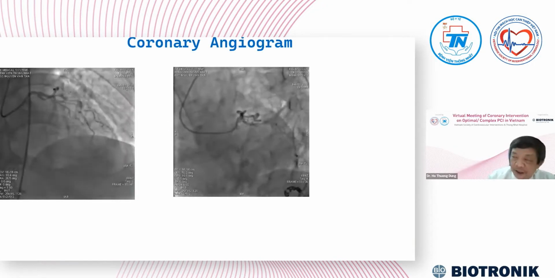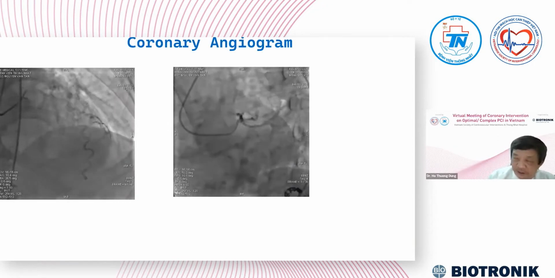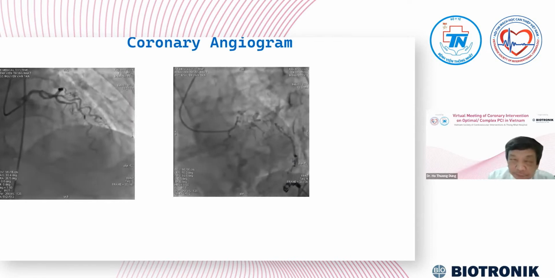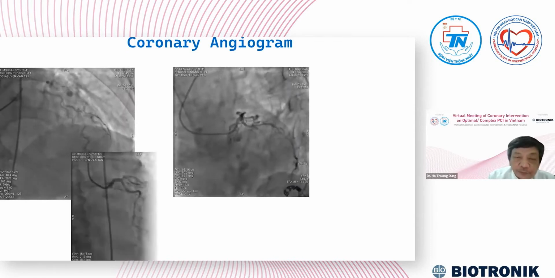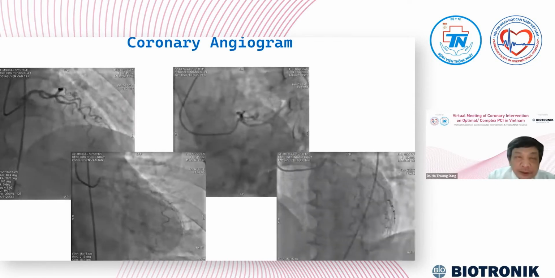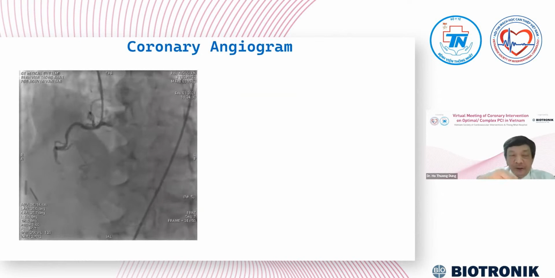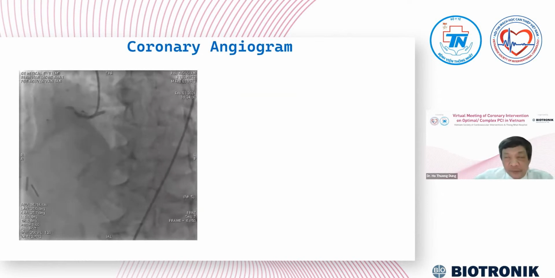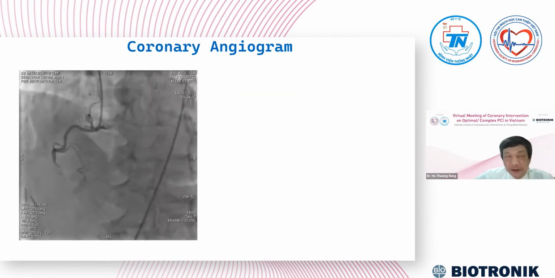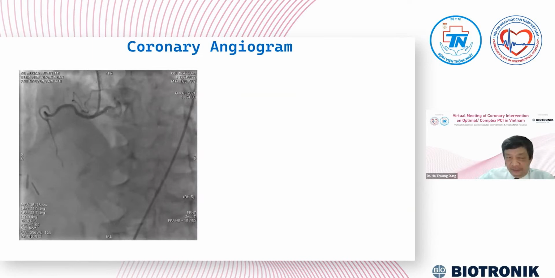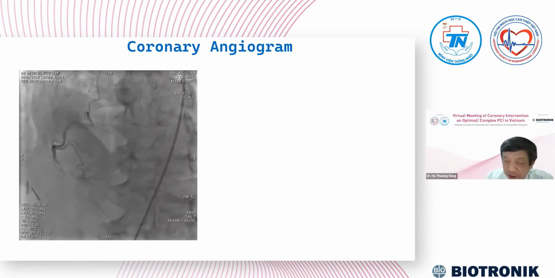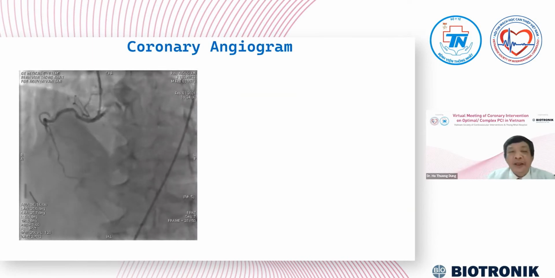But we can predict the right coronary artery is also tortuous. And this is the right, as you see, the curve and tortuous in the proximal segment, in the mid segment, and obscure in the distal segment of the RCA.